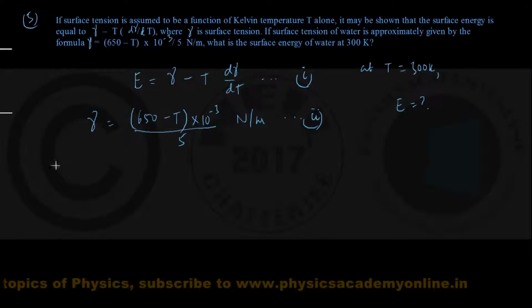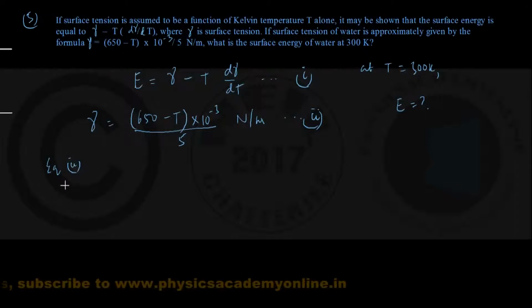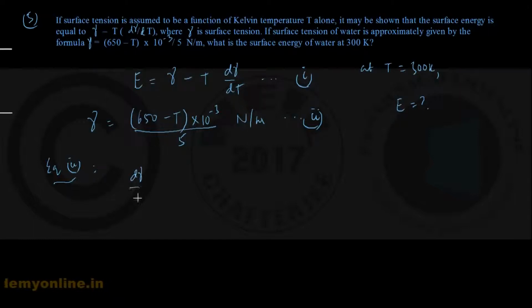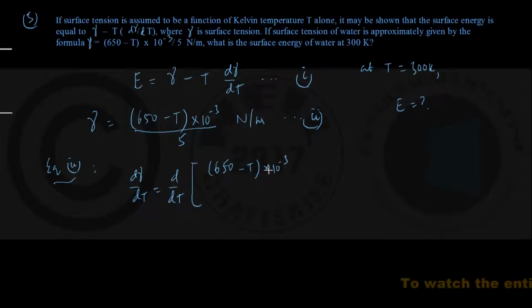Therefore, picking up equation number 2, we might proceed to find this derivative first, that is d gamma dt, that is d dt of gamma. Let me write this gamma from equation number 2, that is (650 minus T) into 10 to the power minus 3 divided by 5 Newton per meter.